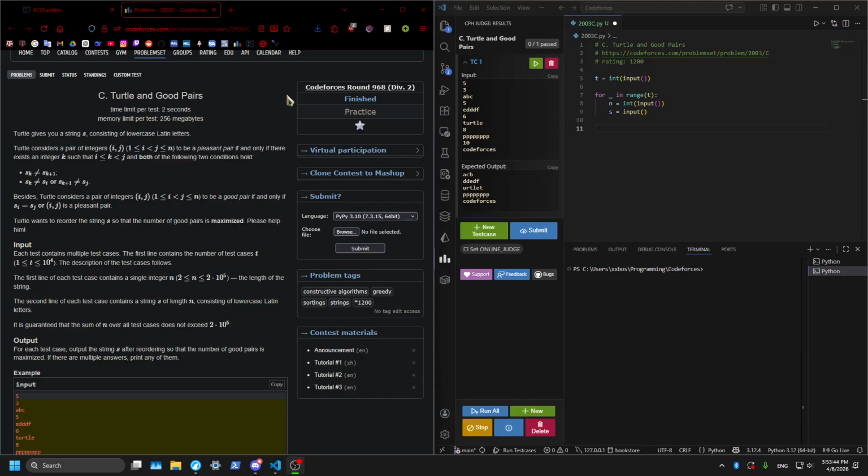So that means the current value does not equal the value after it. And s_k does not equal s_i, or s_{k+1} does not equal s_j. That is, the current value does not equal the chosen value, or the next value does not equal the other chosen value.